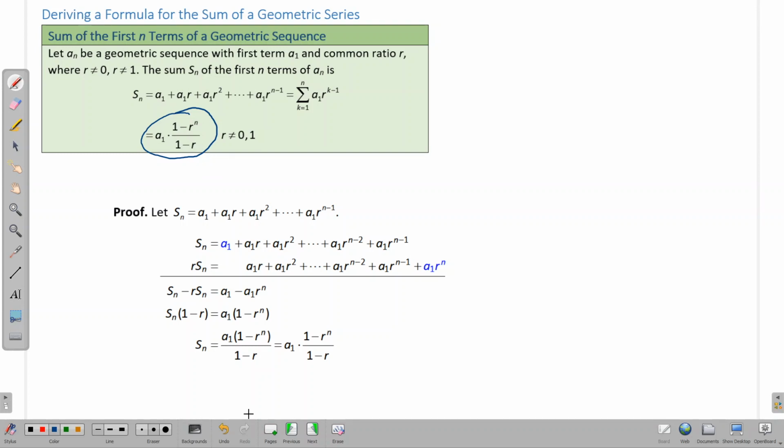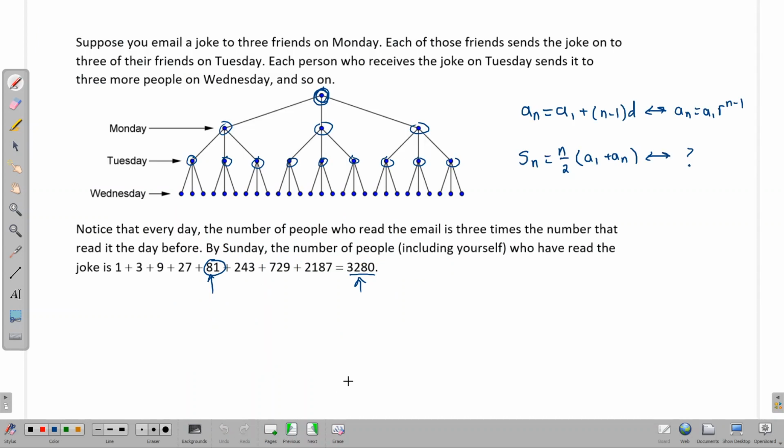So to show you what I mean, let's go back to that previous example and apply it here. So the formula that we just claimed is true is that the sum will be the first term multiplied by 1 minus the common ratio raised to the nth power divided by 1 minus r. So in this particular example, the first term is 1, and then we'd have 1 minus the common ratio is what are we multiplying by each time.